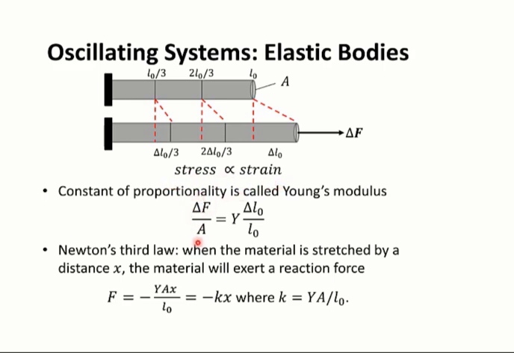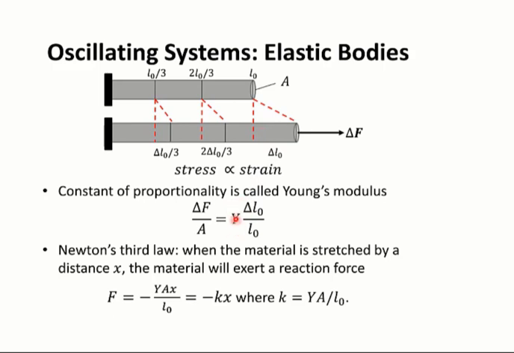So this is our stress and this is our strain. So we can write down stress to be equal to some constant of proportionality times strain. We call this constant of proportionality Young's modulus. This Young's modulus is the property of the material of that object.